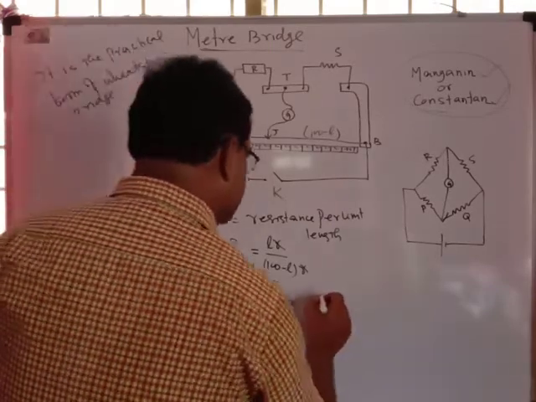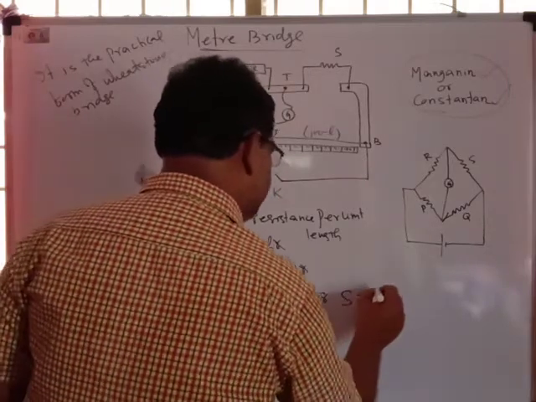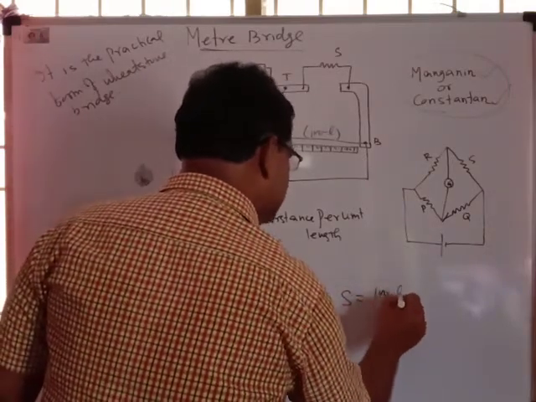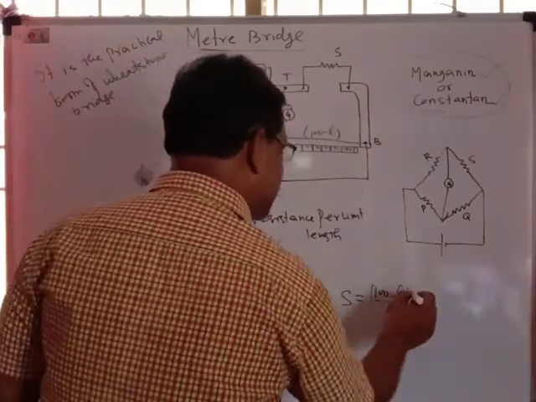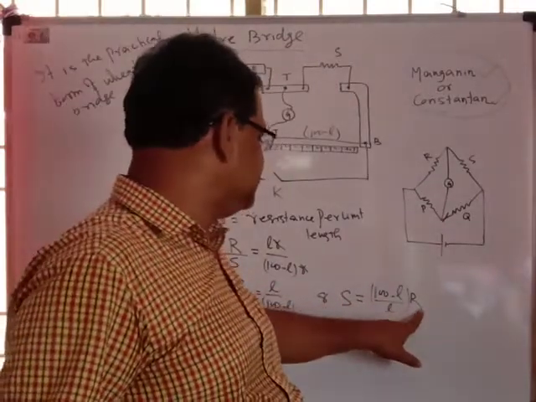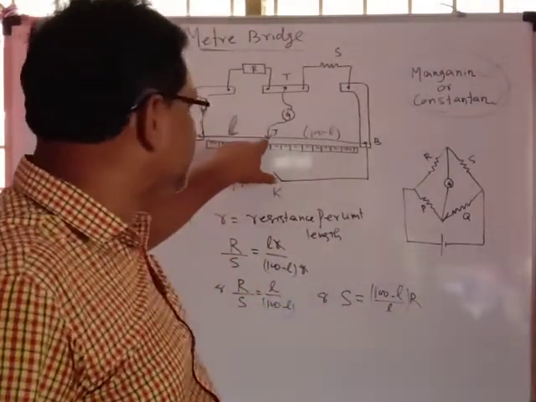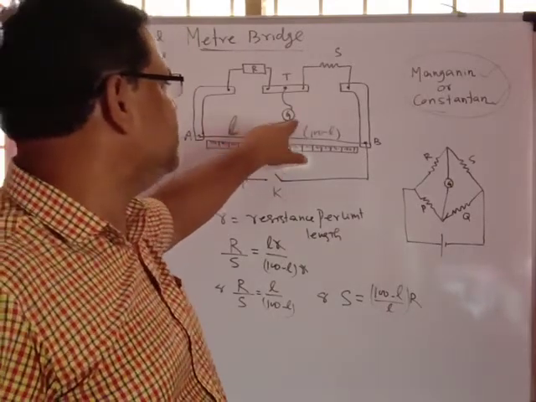Or S equal to 100 minus L by L into R. And you know R is the known resistance, and we find the null point, the point at which the galvanometer shows no deflection when the jockey touches.